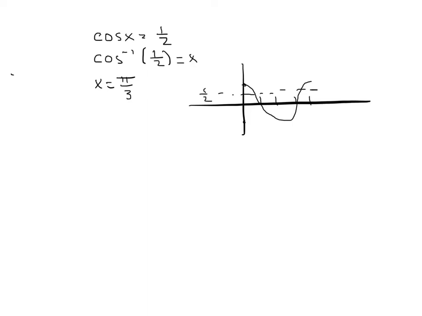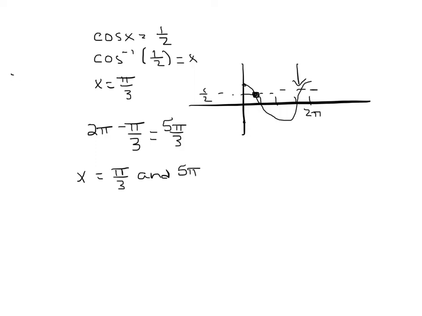Here's my 1/2. So I've got this one, and I need to find that one. Since the period is 2 pi, I'm going to take 2 pi and subtract off pi over 3, and I wind up with 5 pi over 3. So those are my two answers: x equals pi over 3 and 5 pi over 3.